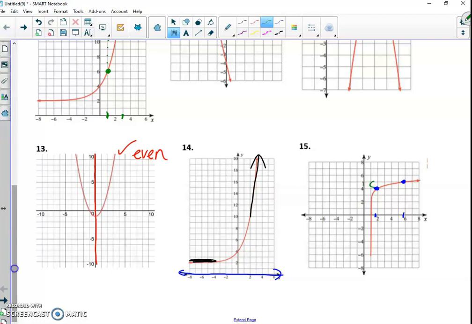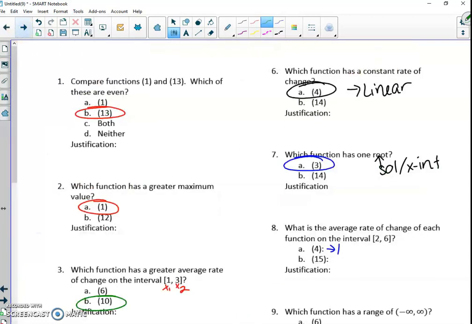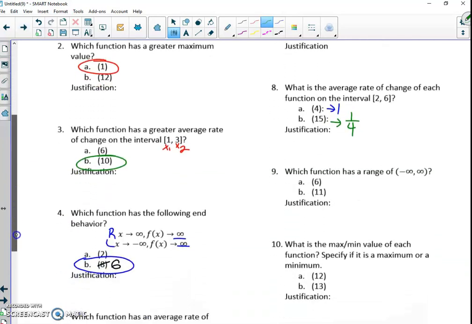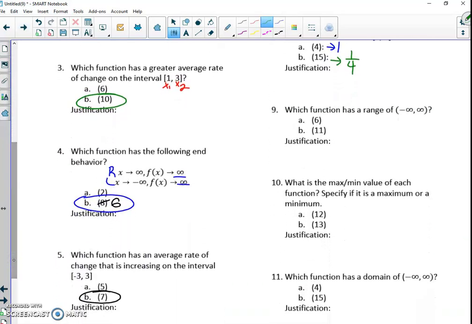So we're going to rise up 1, and we're going to go over 1, 2, 3, 4. So we're going up 1 over 4. So the rate of change is 1/4. Okay, so that's it. 1 and then 1/4. Okay, let's try to at least finish the next few.